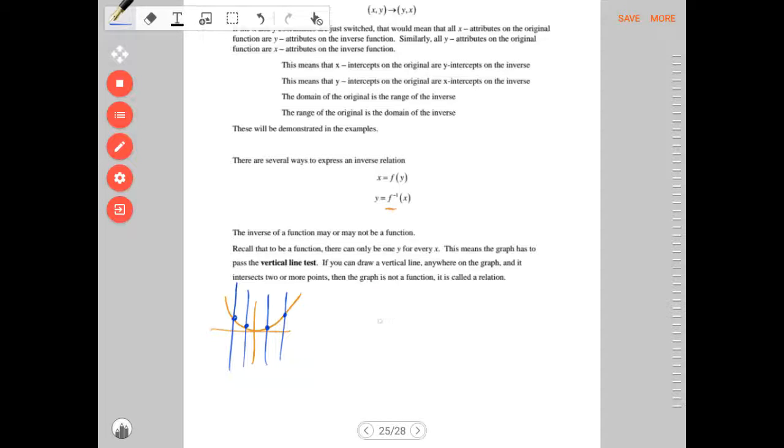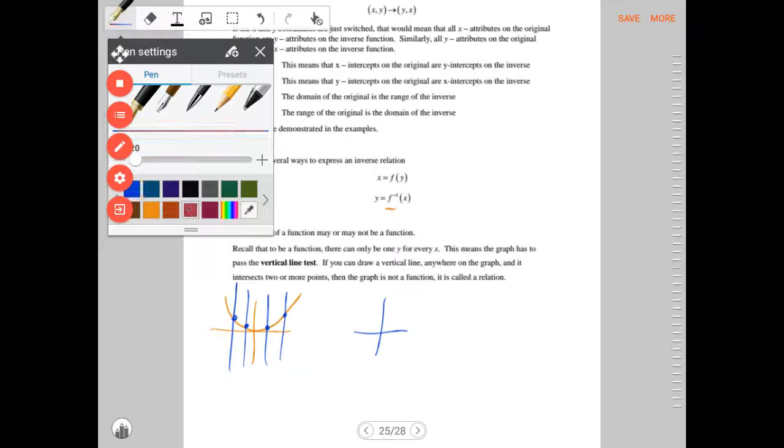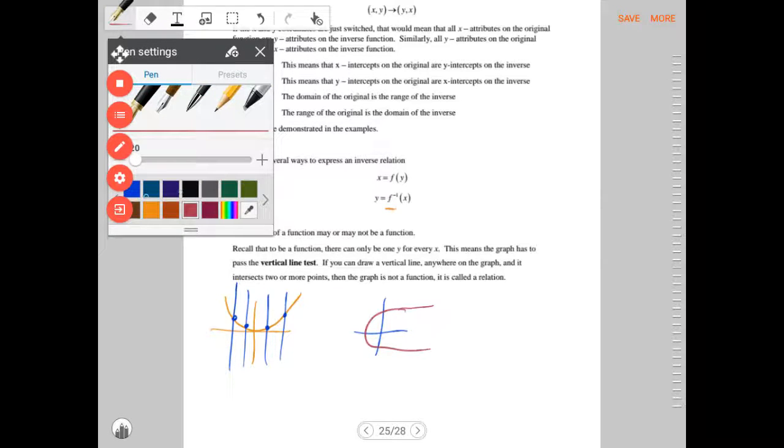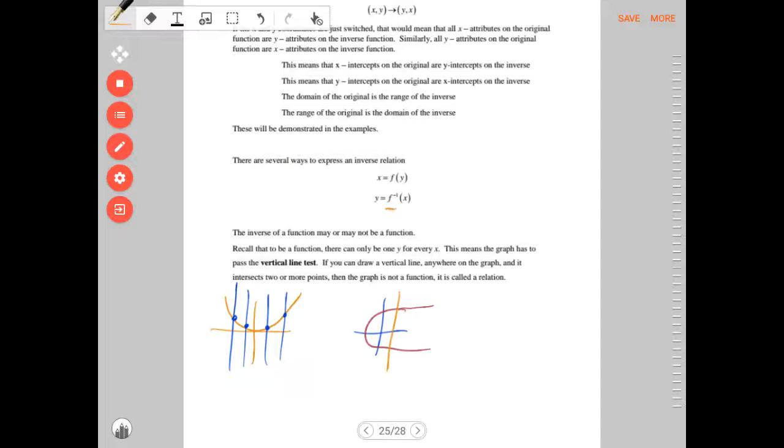Now, if you have a graph that looks like this, I'll draw it in orange to make it easier. If you draw the vertical line, oh, it touches 2 points. So the first one was a function. This one is not a function. It's still called a relation, but it's just not a function. Fair enough.